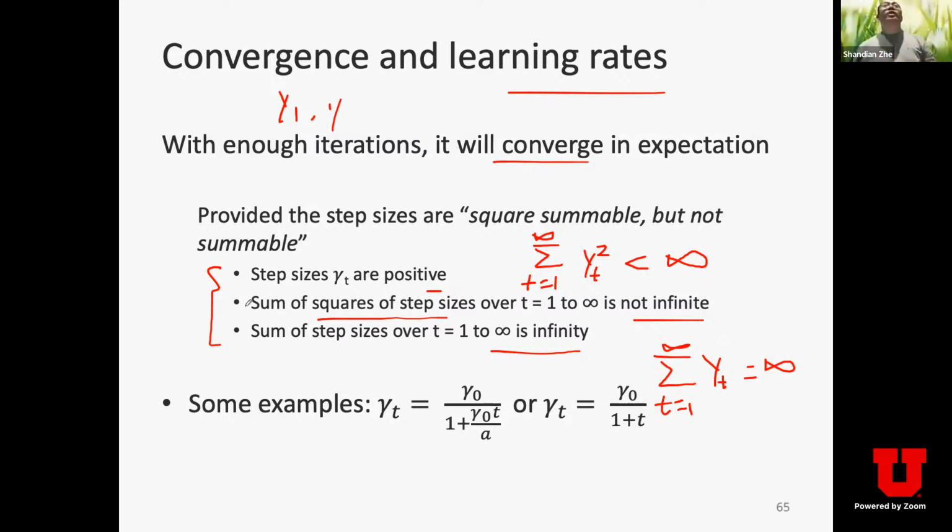If you get a chance, if you're interested, we'll look at some stochastic optimization book. They combine theories of series and also some kind of inequalities to show that if these two conditions are satisfied, then your model parameters, like W and B here, will converge to some local minimum with probability 1.